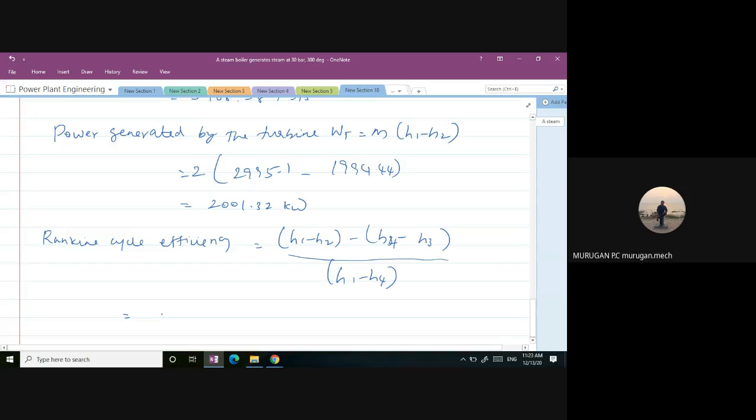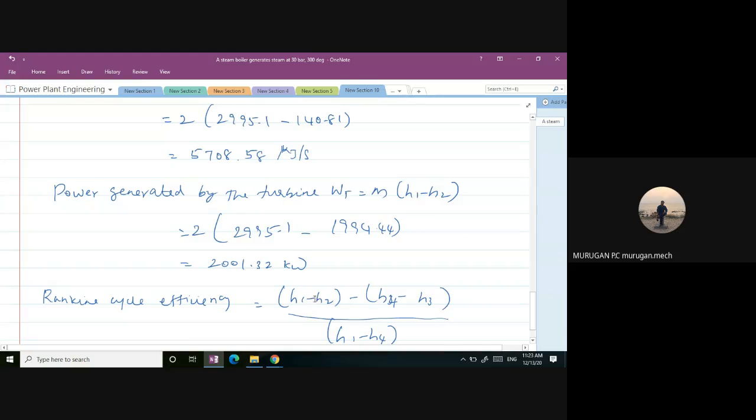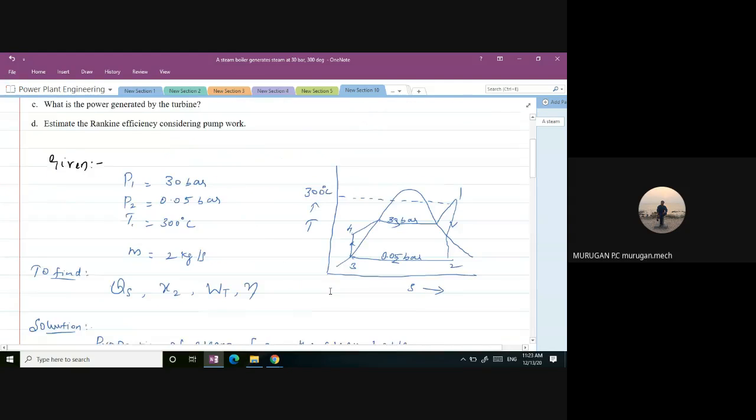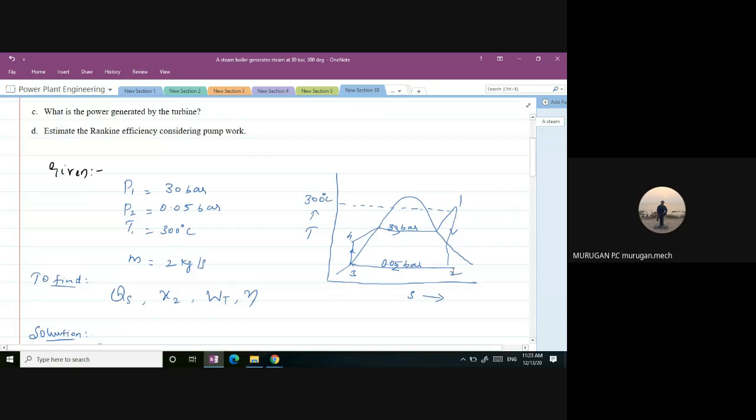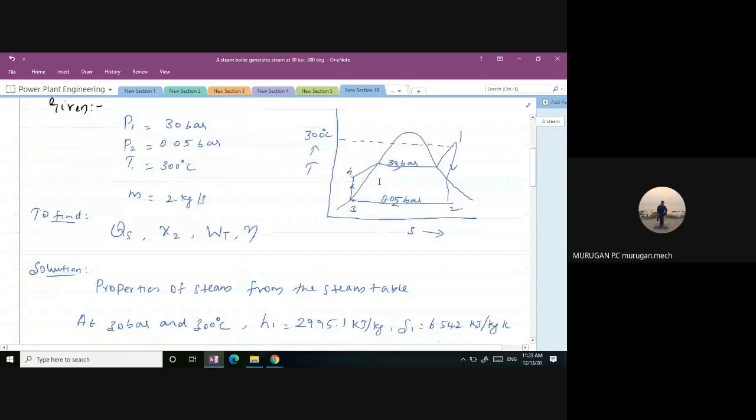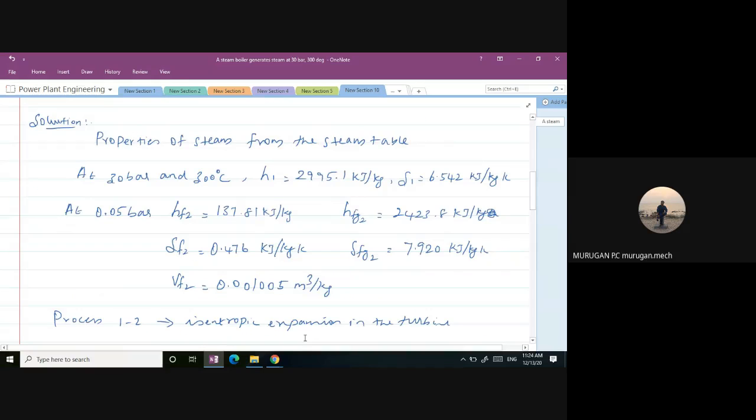Calculate all the data and you will be getting 34.95 percent, which is approximately equal to 35 percent. So the Rankine cycle efficiency is H1 minus H2, that is the turbine work, minus the pump work, that is H4 minus H3, divided by the heat supplied. Okay, thank you.